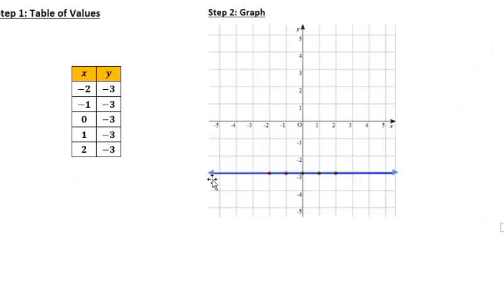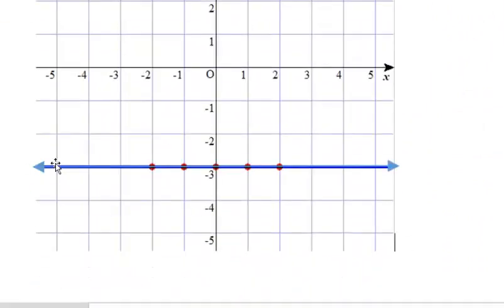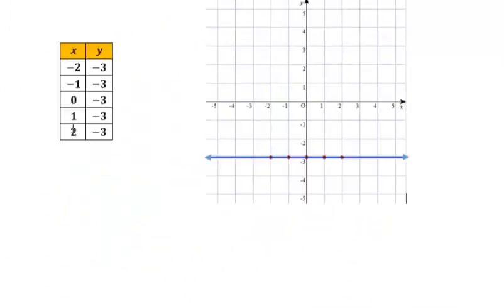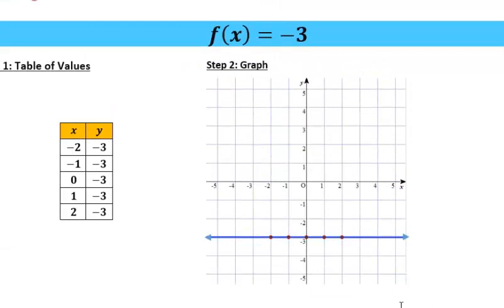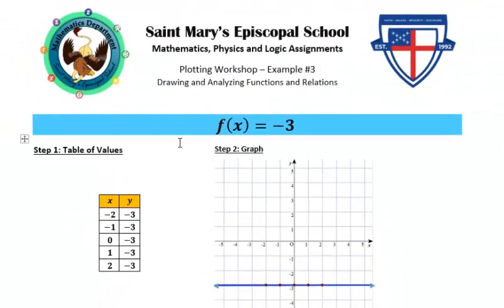Remember that you need to put arrows on the line, to explain that this line goes on forever. And those will be the first two steps for working with this function of a horizontal line.